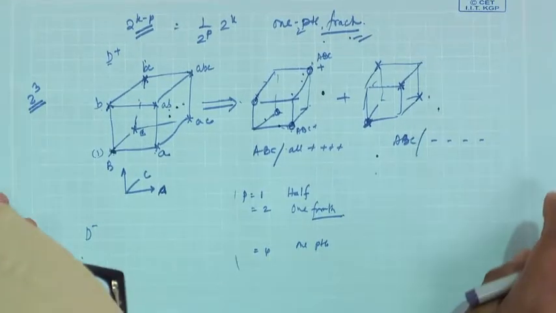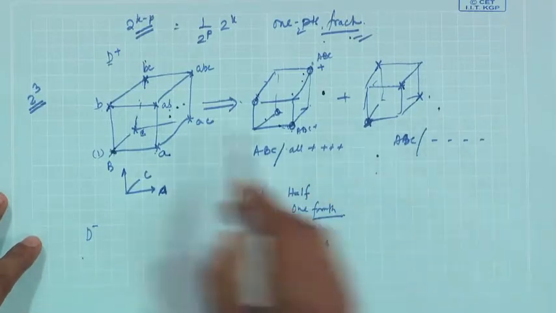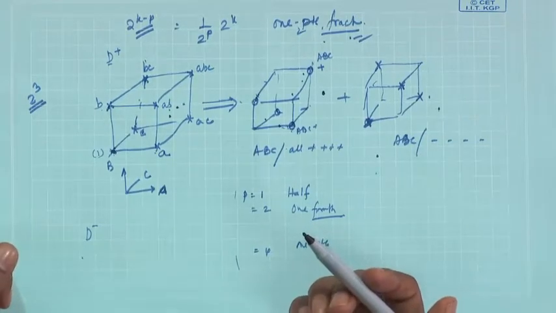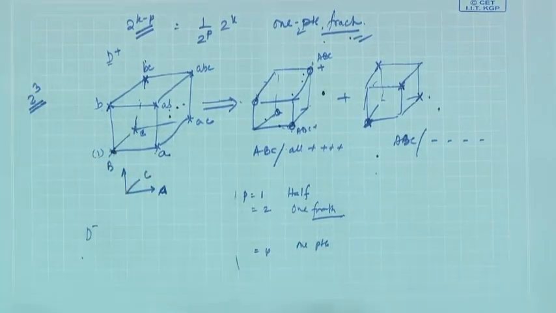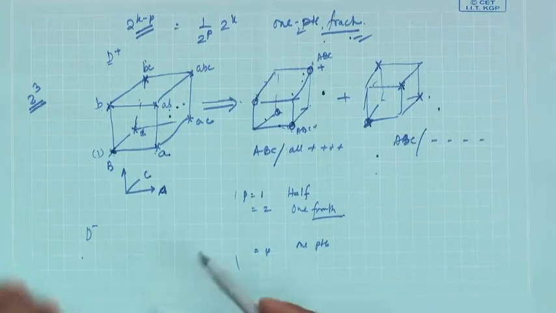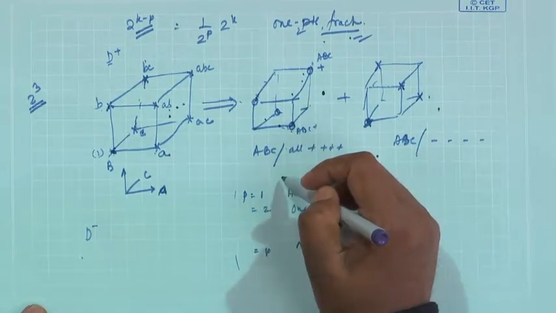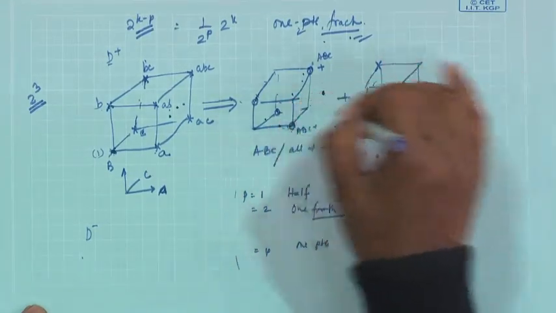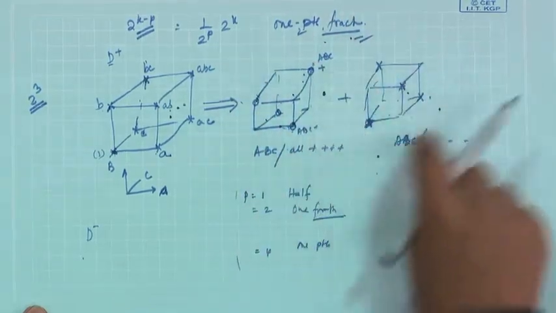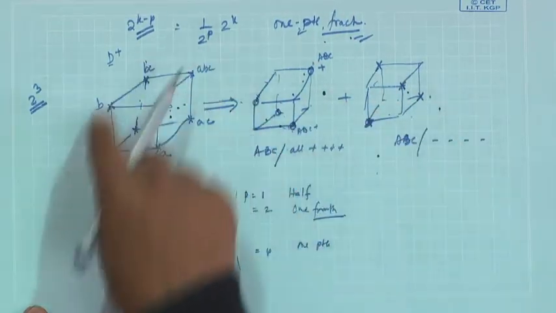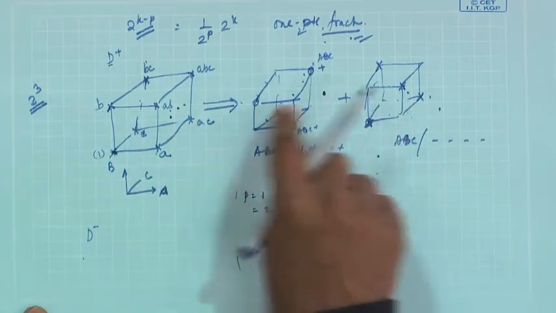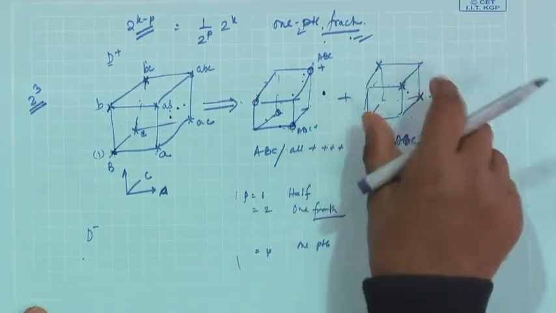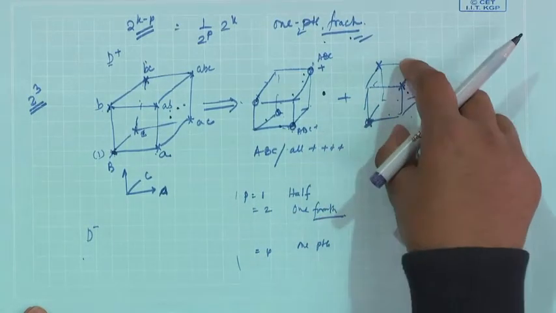Now, if I split the 2 to the power k factorial points into 2 to the power k minus p factorial points, that means you will not do experiment on both the splits, you will do experiment either here or here. If you do both, actually you are doing the same thing again. So, that is why you will take one of the two. So, the question is that 4 different important treatment combinations are not considered.